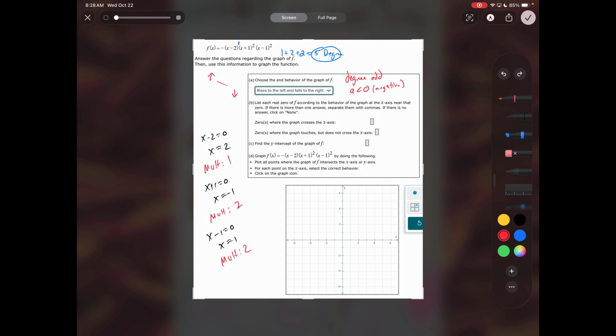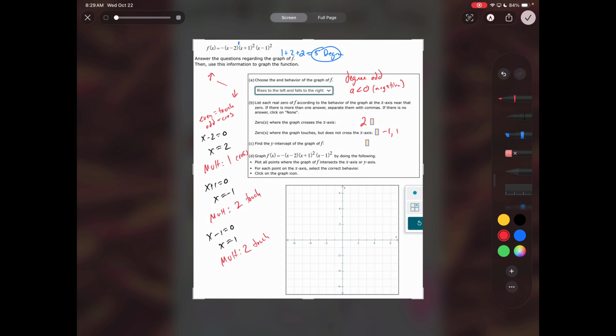Okay, so this is going to be cross, and this is going to be touch, and this is going to be touch, because even equals touch, odd equals cross. So where the graph crosses the x-axis, the zero would be 2. Where the graph touches would be negative 1 and 1.